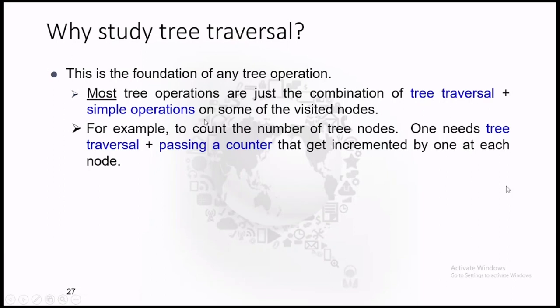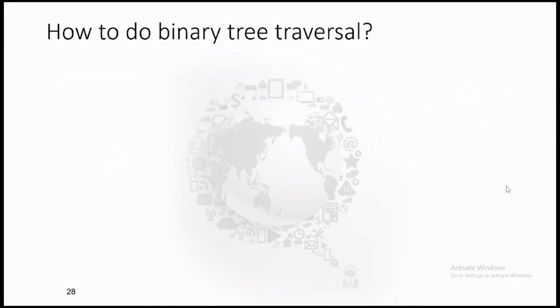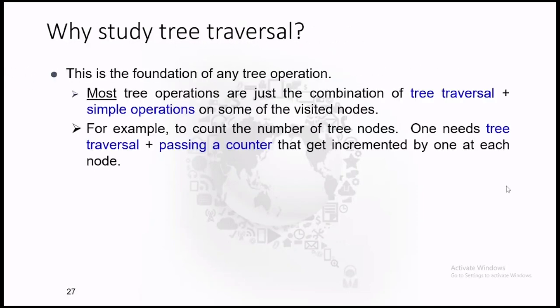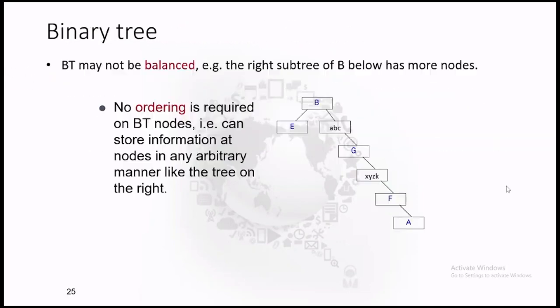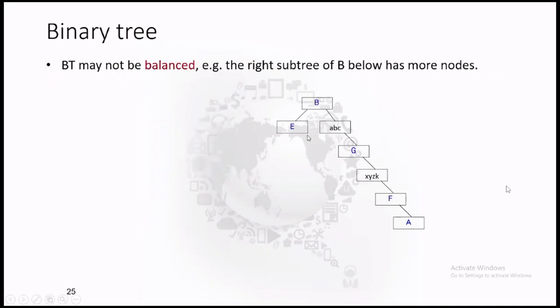The foundation of most tree operations is tree traversal plus simple operations. So let's say you're trying to count the number of tree nodes. Then one needs a traversal, passing a counter that gets incremented by 1 at each node. What does that mean? Let's say you want to calculate how many nodes you have in this tree.